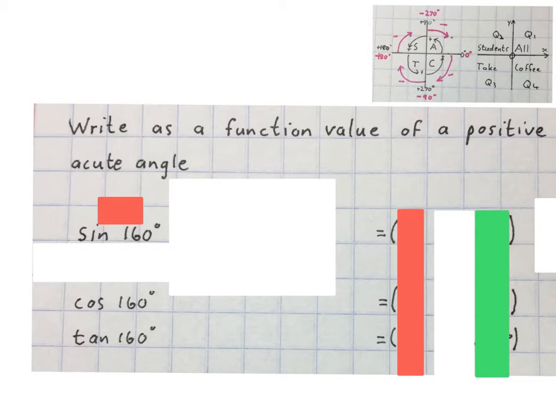I'm going to do 10 reductions with you, and then give you an exercise where you can check yourself if you understand. The first one says, write as a function value of a positive acute angle. And we will do this with sine 160 degrees, cos 160 degrees, and tan 160 degrees.